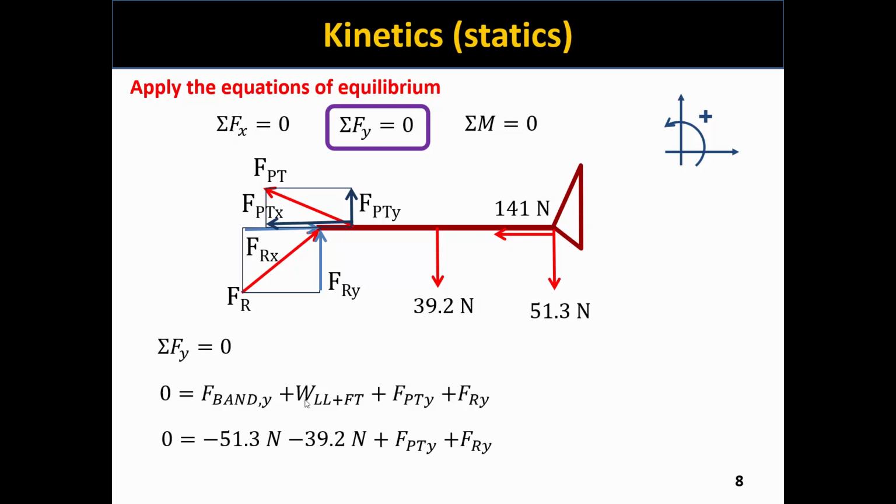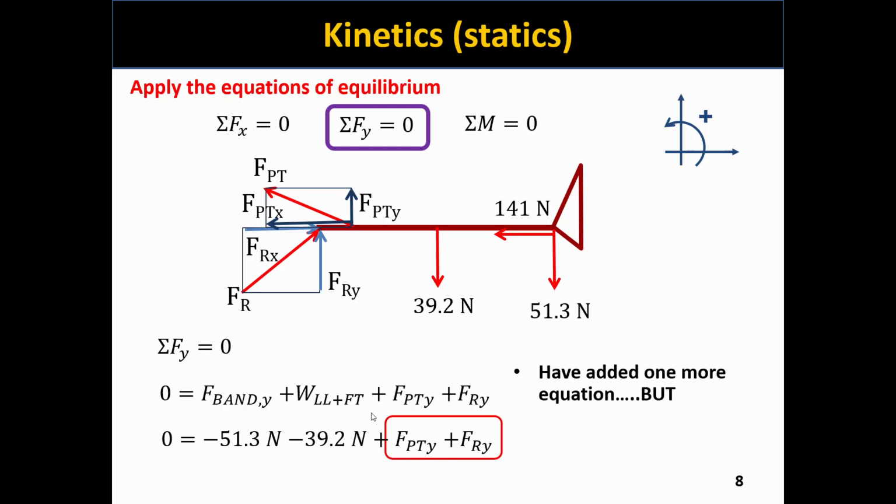We're going to add that to the weight of the lower leg and foot, which we had determined to be 39.2 newtons in the negative direction. So we're going to add a negative to this negative. But now we have the force of the patellar tendon in the y direction and the force of the reaction in the y direction.